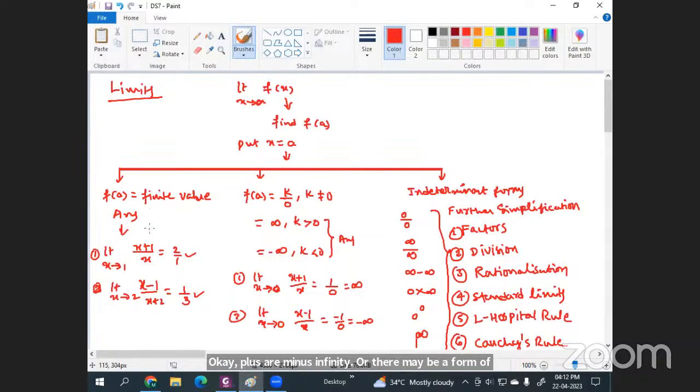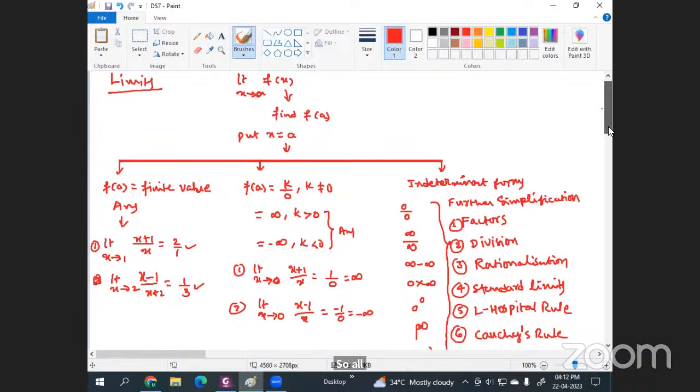If we get a finite value, that is the final answer. And if you get plus infinity or minus infinity, that will also be considered as an answer. We can stop. Or if we get an indeterminate form, then we need to further apply any one of the rules to get our answer.